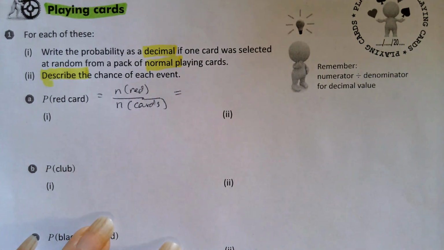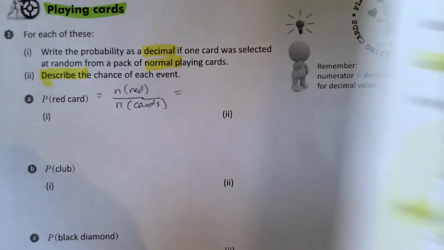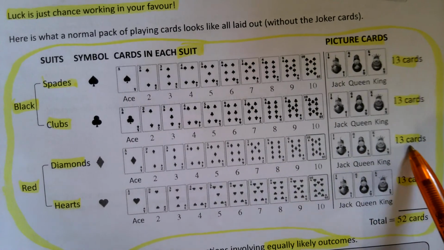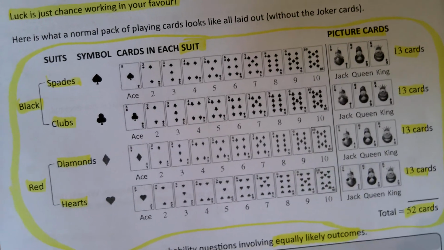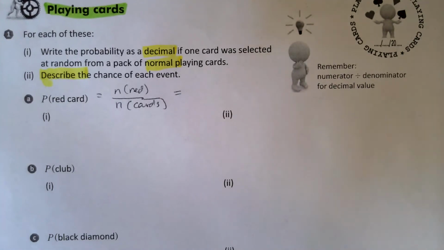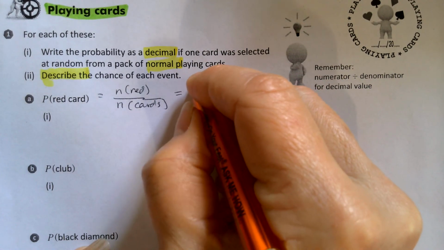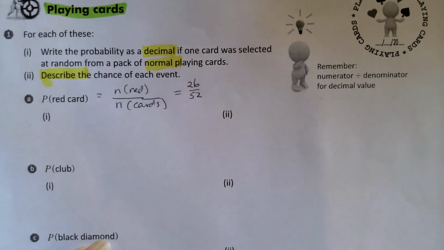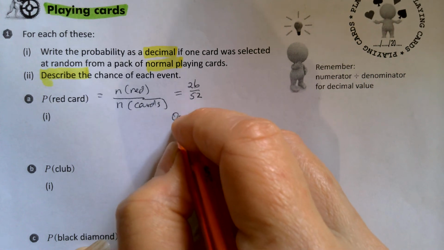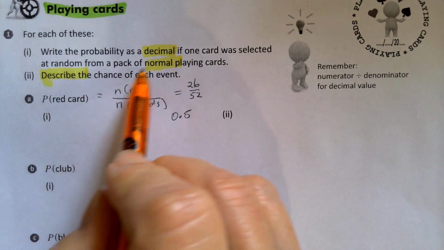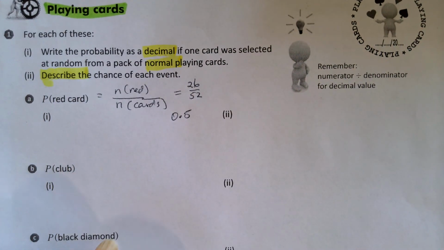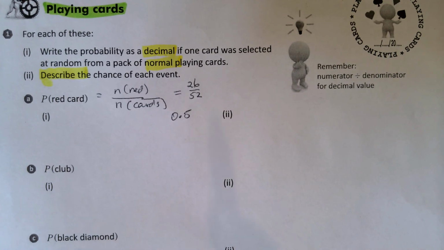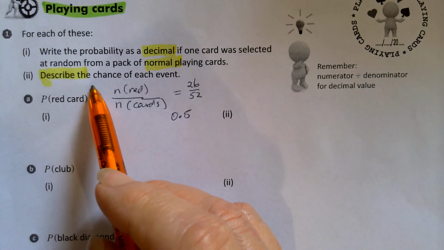How many red cards were there? Let's go back and have a look. Red cards, 13 and 13. So how many red cards there are? 26 over 52. Now they've asked you to give you that as a fraction. Sorry, not as a fraction, it's a decimal, isn't it? My bad. 0.5.